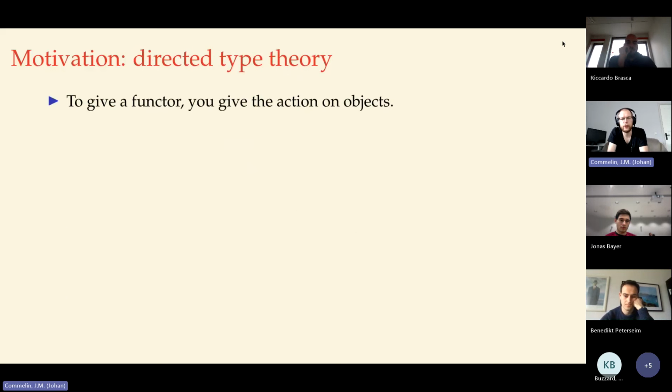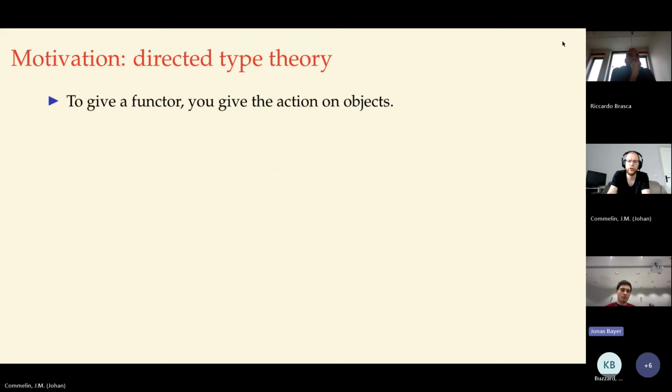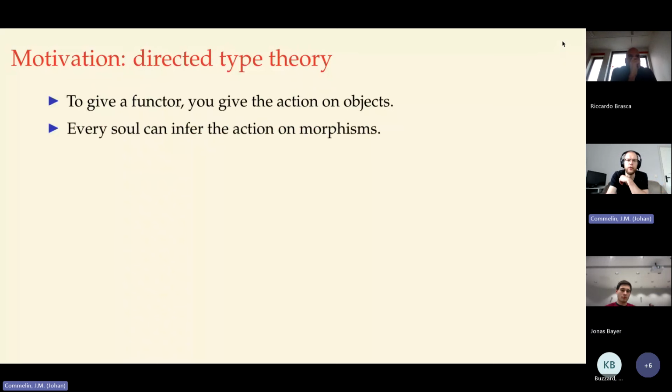So a different motivation is directed type theory. This is a motivation for the talk, not a motivation why I was interested in this project, because we only stumbled upon this after we got interested. But anyway, what is the idea of directed type theory? Well, if you're doing category theory and you want to specify a functor, then you just say what the functor does on objects. And then every soul can infer the action of the functor on morphisms.